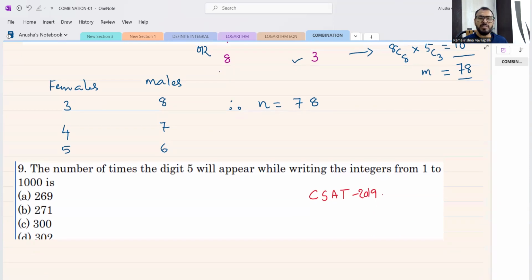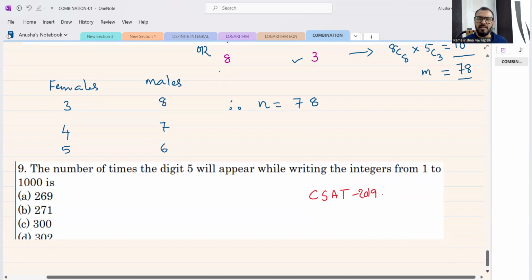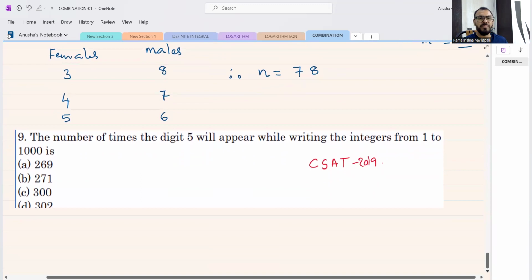The number of times that the digit will appear while writing the integers from 1 to 1000. Whether it is 5, 1, 9, or 4, everyone will have the same. It doesn't matter whether they ask 5, 6, 7, 1, whatever it may be.